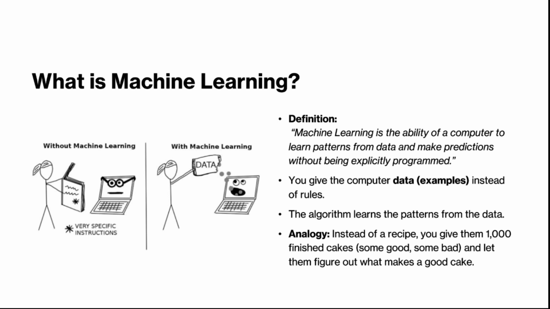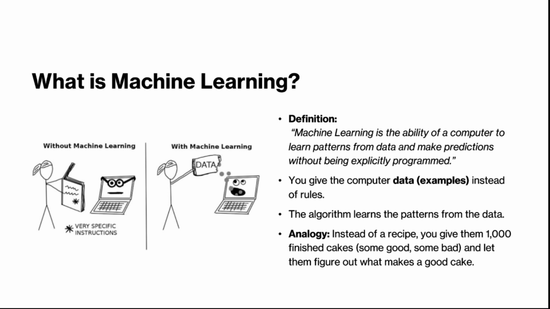Well, as we saw in the previous slide, if you had to make a dish or a cake in a rule-based method, you could only make that one particular one. But here, let's say you give 1,000 different finished cakes, of which obviously some are good, some are bad.